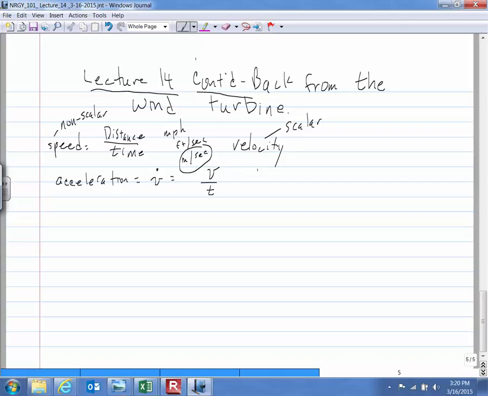So if velocity is distance over time, times time squared, so it's distance over time squared. I'm going to abbreviate. Yeah, it's feet per second squared. So acceleration.